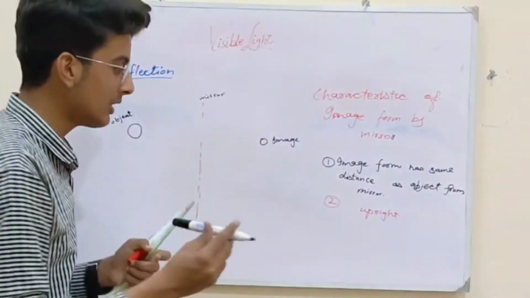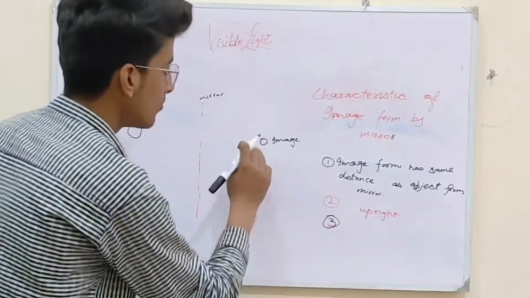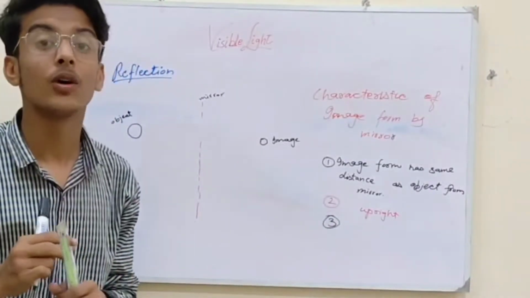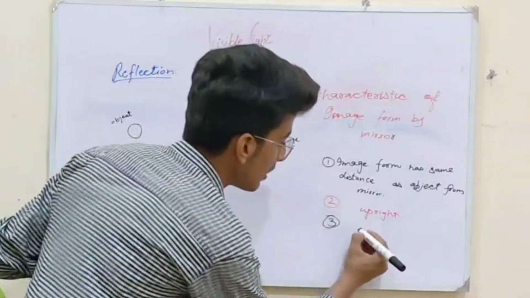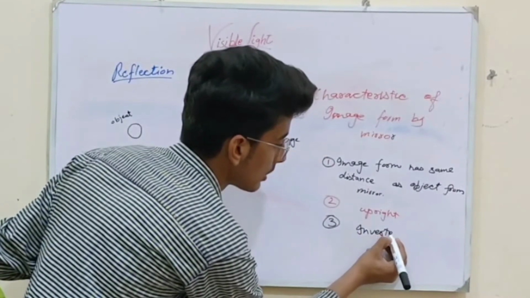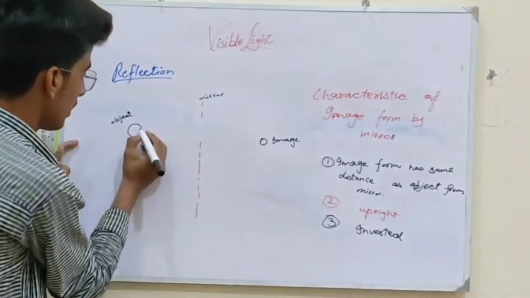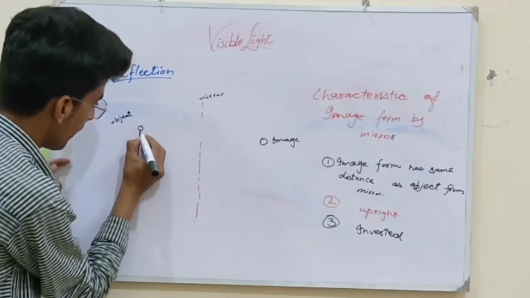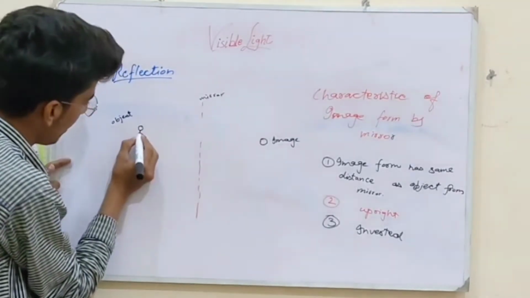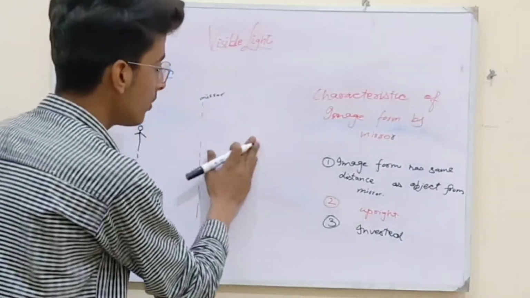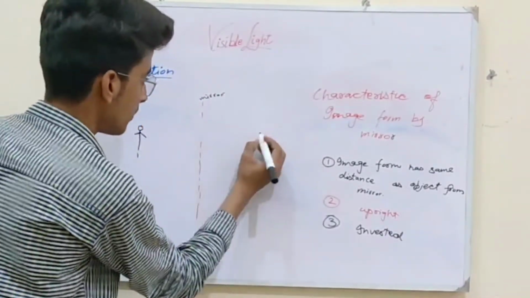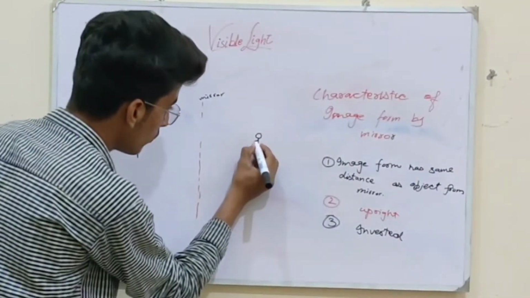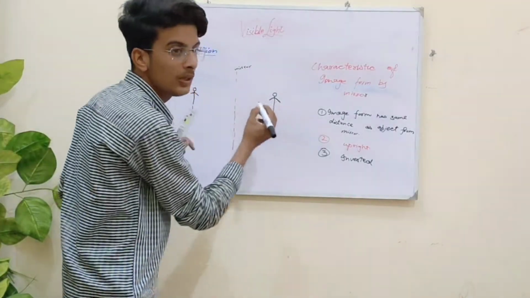And number three is that the image is laterally inverted. What is inverted? If I am standing here, my right hand is here and my left hand is here, but when I see it in the mirror, my right hand would be there and my left hand would be here.